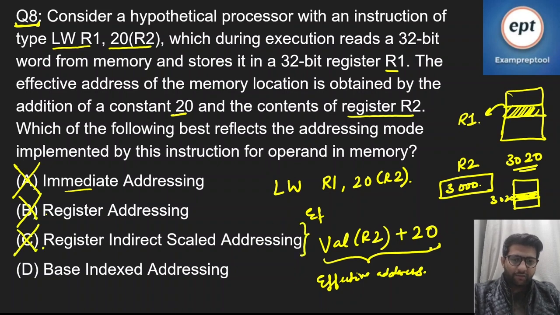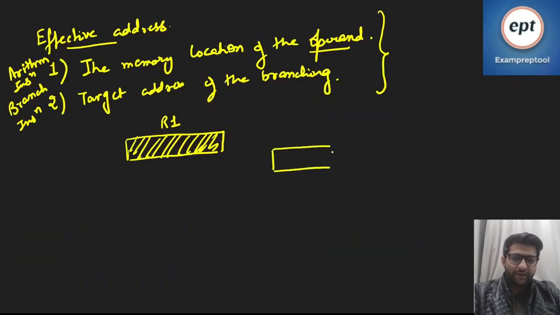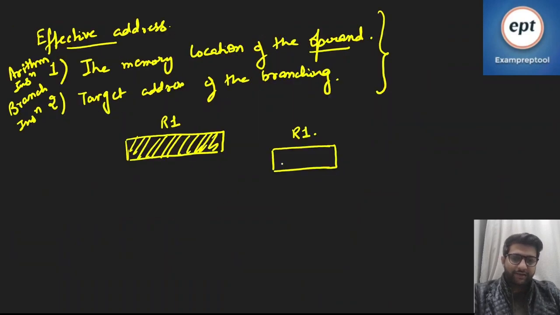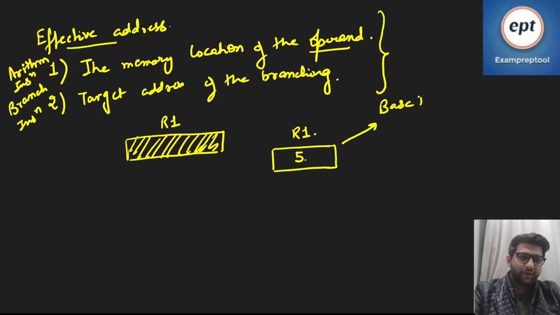Because in this type of addressing, let's say a value, 5, is stored in a register R1. Then a base value plus 5, the value stored in this register, into some scaling factor is taken.